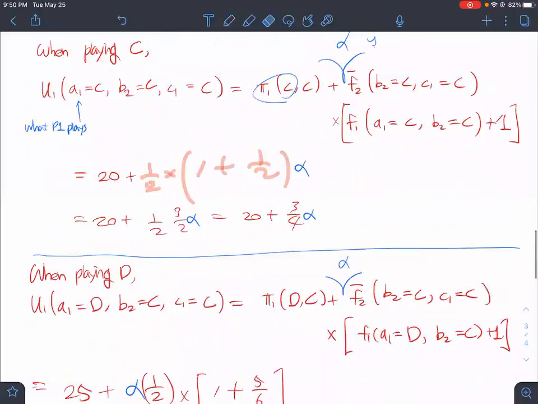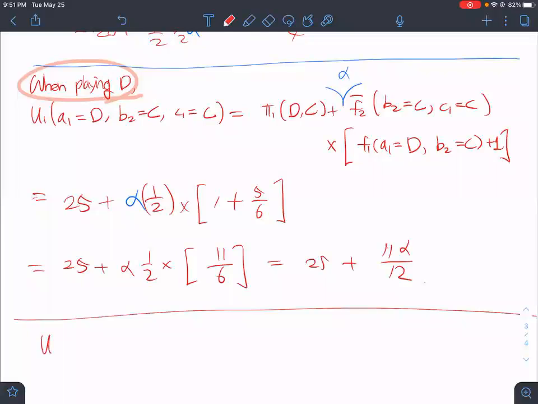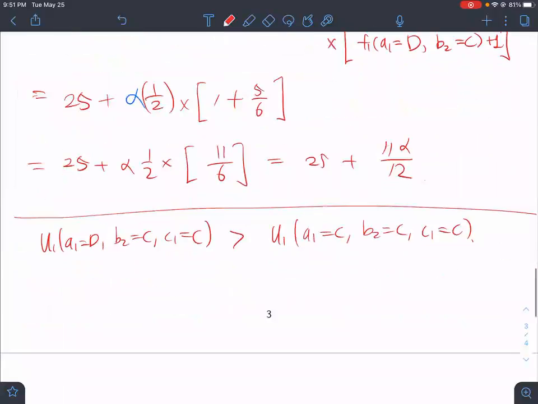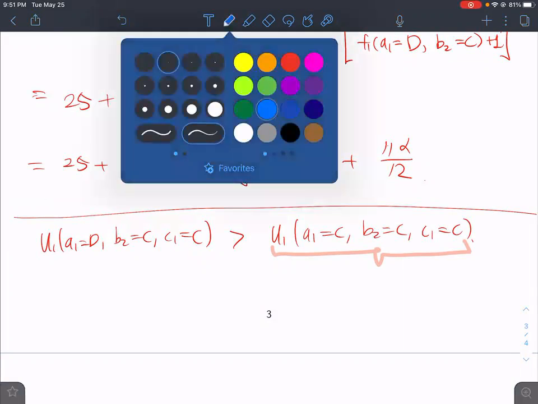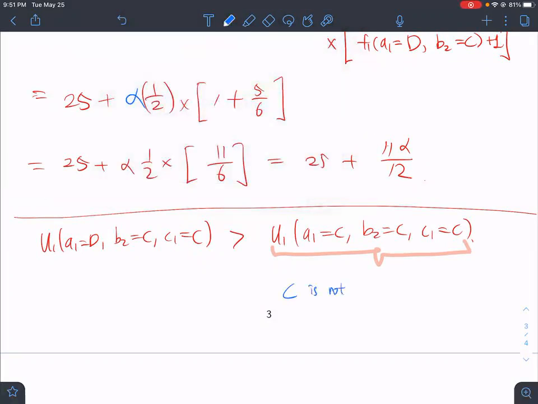The conclusion is that the utility of playing D is larger than playing C. So U1 of A1 equals D, B2 equals C, C1 equals C is larger than U1 of A1 equals C, B2 equals C, C1 equals C, which is saying that C is not a best response of player 1 to C of player 2.